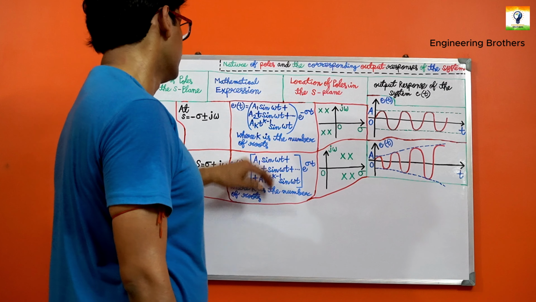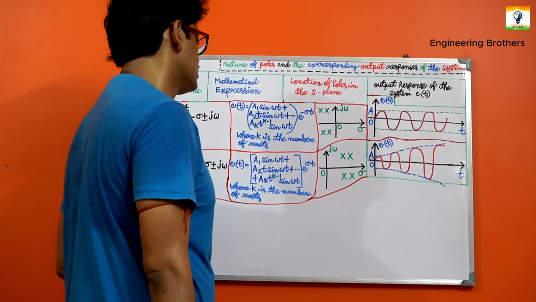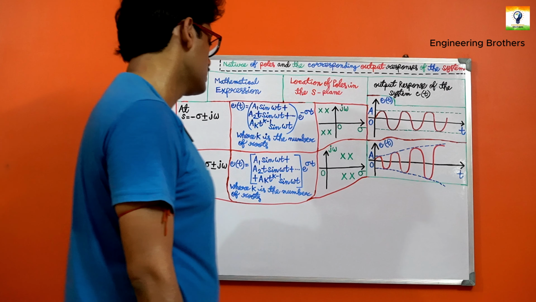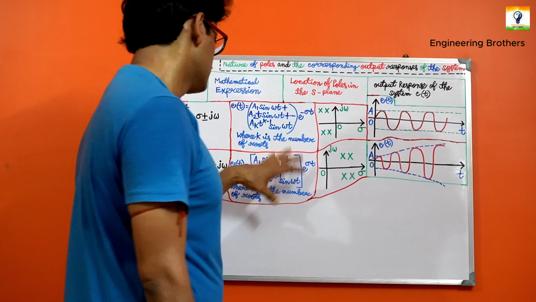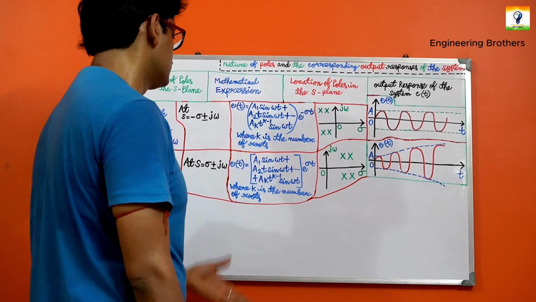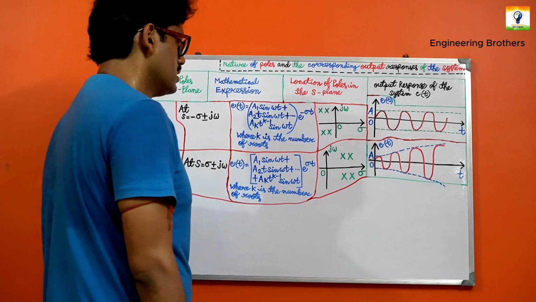This is our s-plane, and the mathematical expression is again a1 sin omega t plus a2 t sin omega t plus dot dot dot, where k is the number of roots.